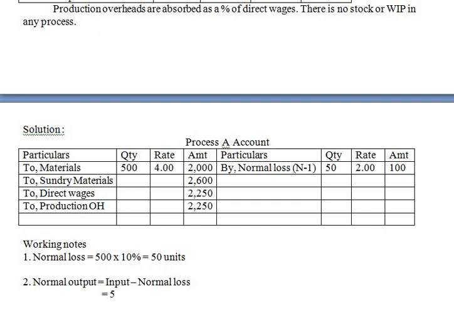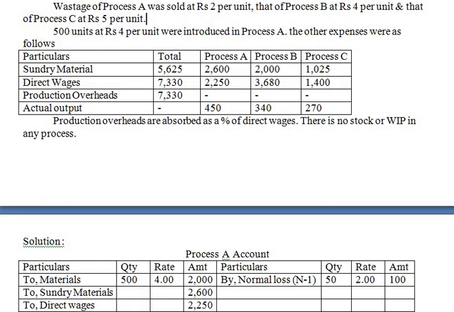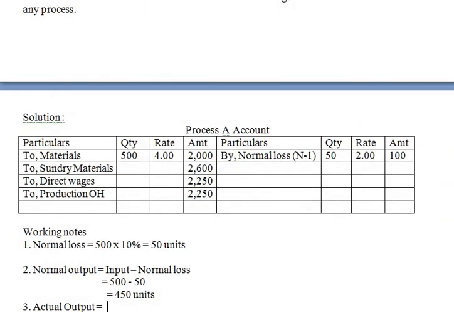Input is 500 units and normal loss is 50 units, so it is 450 units. Now actual output for process A. Go through the problem. It is again 450 units.